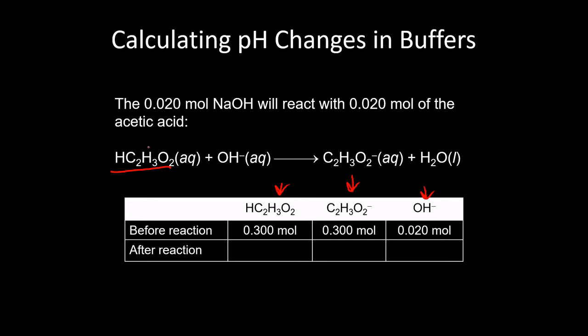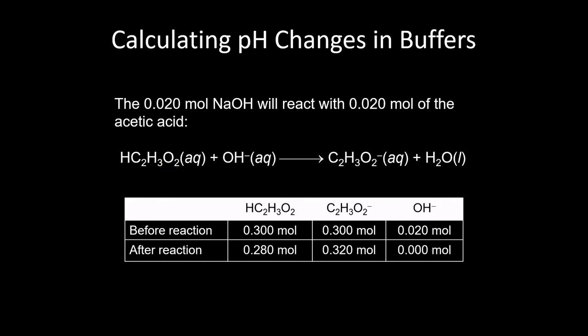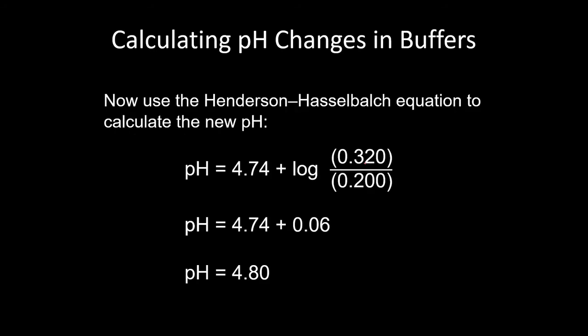So we're going to consume this, so its concentration is going to drop 0.02, and we're going to produce the acetate, so its concentration is going to go up 0.02, which leaves us with 0.28, 0.32, and 0 of the OH minus, because again, we're assuming all of it reacts. None of it gets left behind. So then these numbers are what we're going to take and plug directly into the Henderson-Hasselbalch.